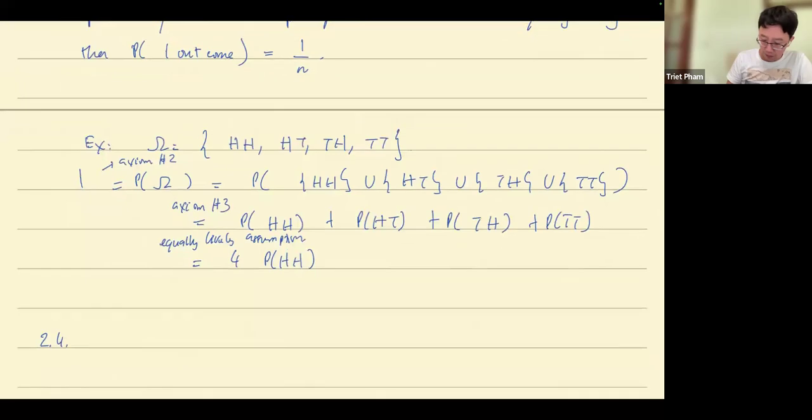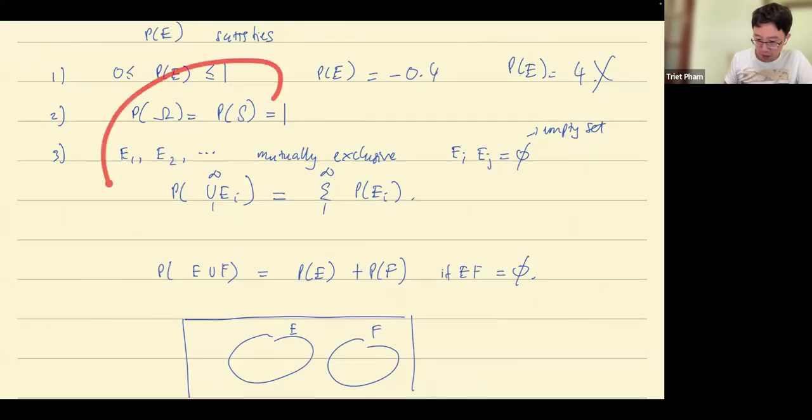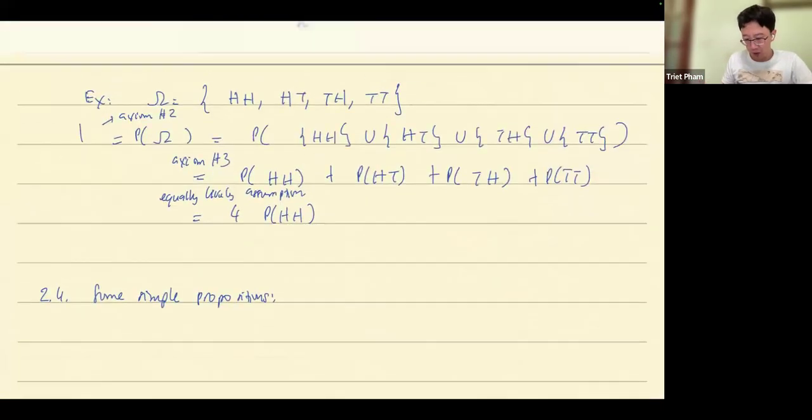All right, so some simple propositions. Basically, coming from these axioms, there'll be some small consequences like this.